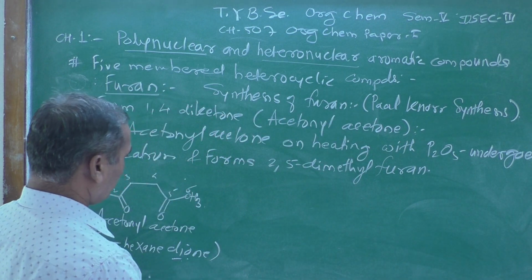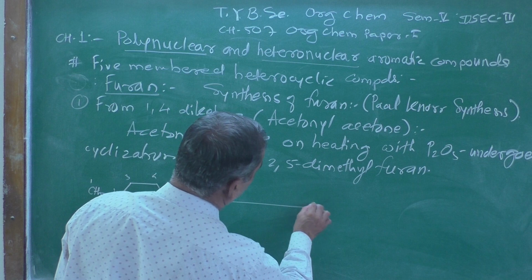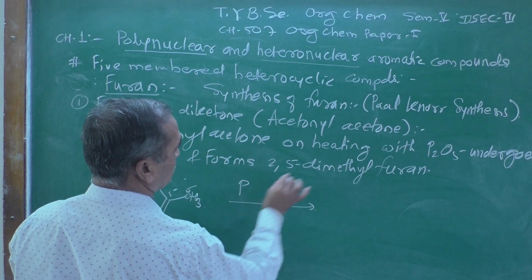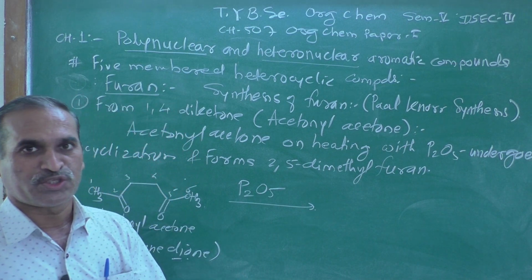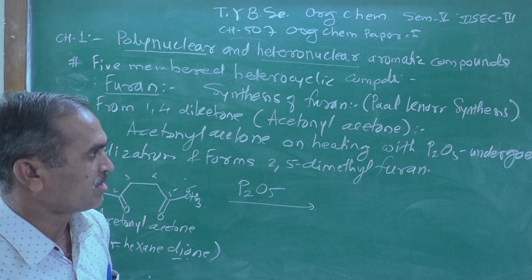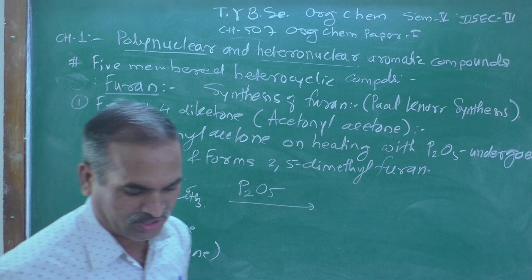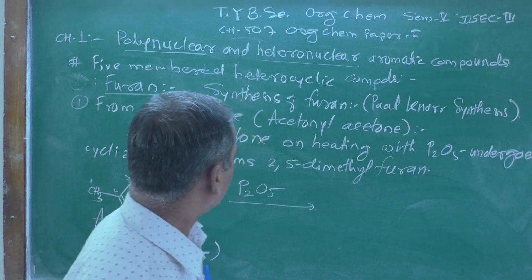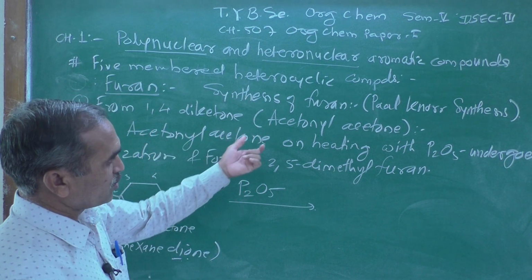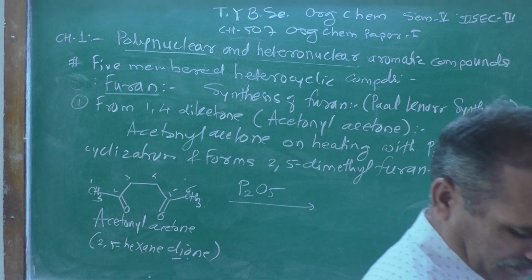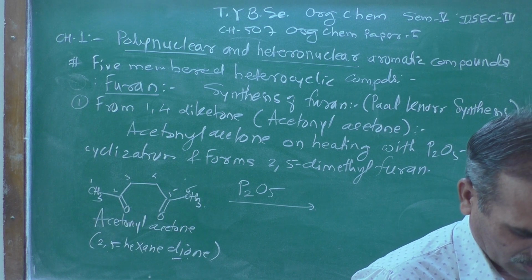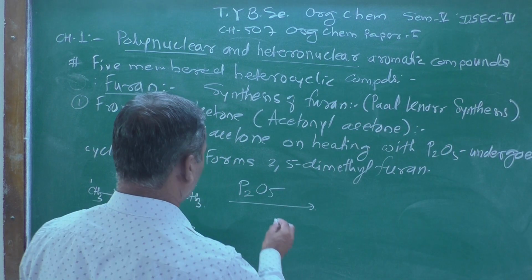Now when this compound is treated with P2O5, which is used as a catalyst, on heating it undergoes cyclization.